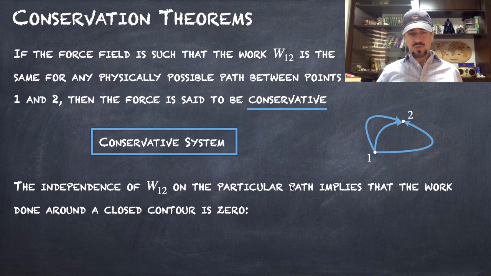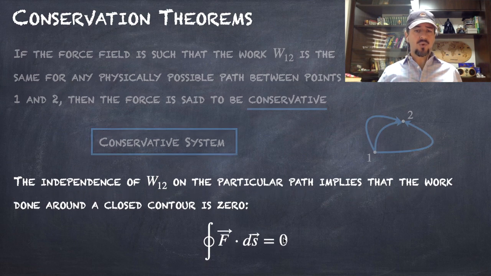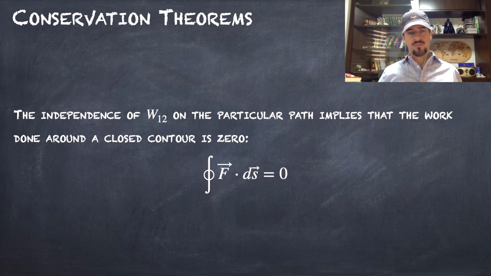And the independence of the work on the particular path implies that the work done around a closed contour, a closed circuit, is zero. So the integral, considering a closed circuit, of the force and the displacement is going to be zero because of the independence of the work with regard to the path.